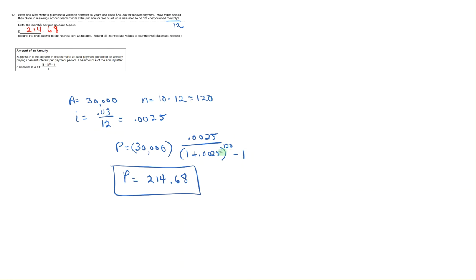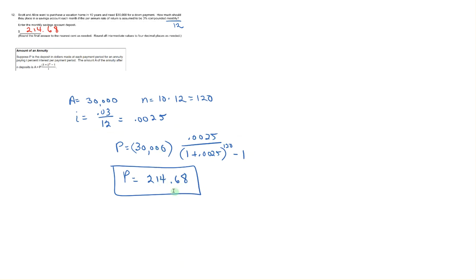If we do all that in the calculator, I would do this part down here first. I would do 1 plus 0.0025 to the 120, subtract 1 from that, and then divide 0.0025 by that, and then multiply by 30,000. So do it in steps, and you should get something like this.